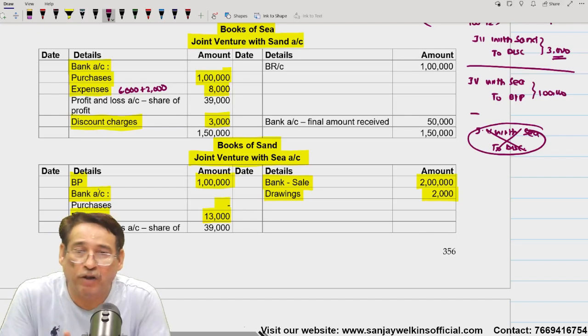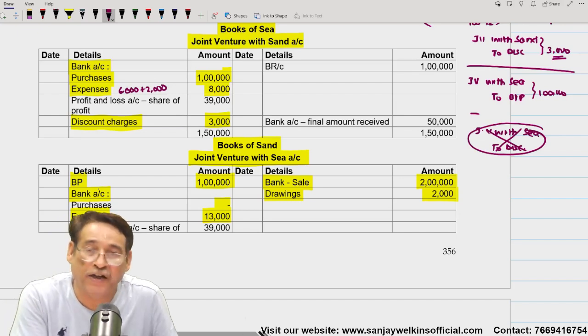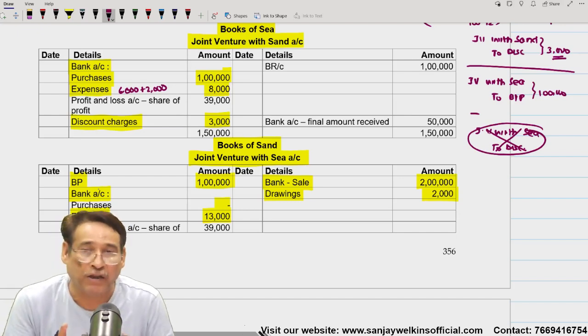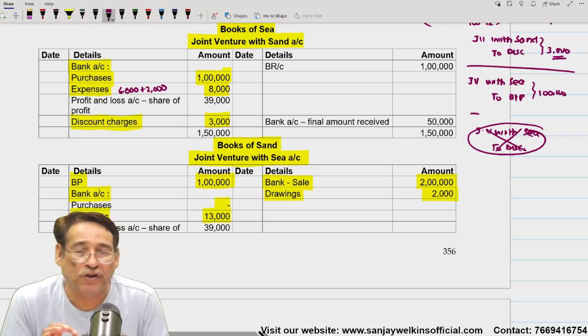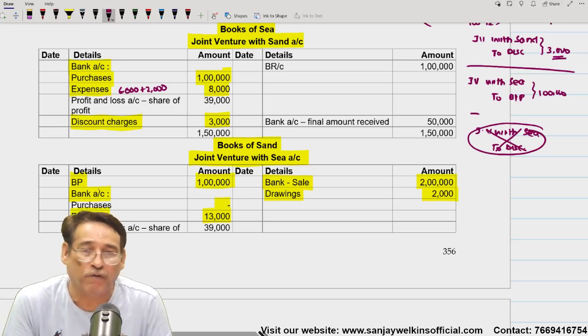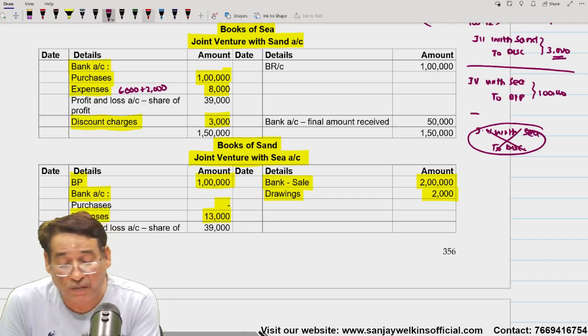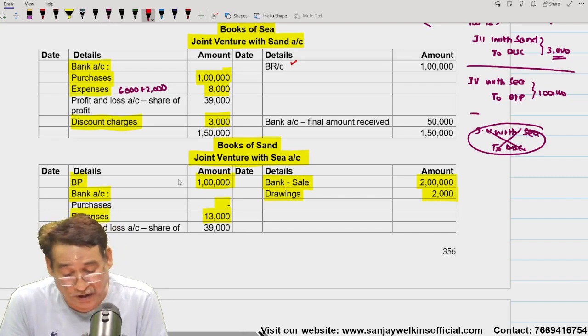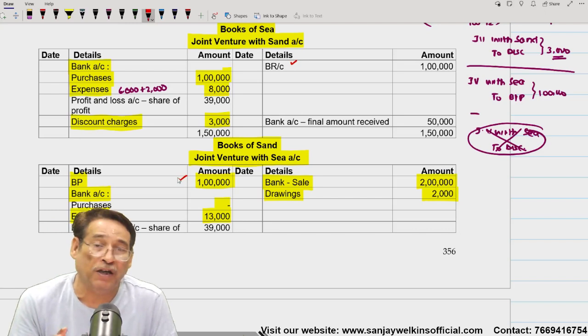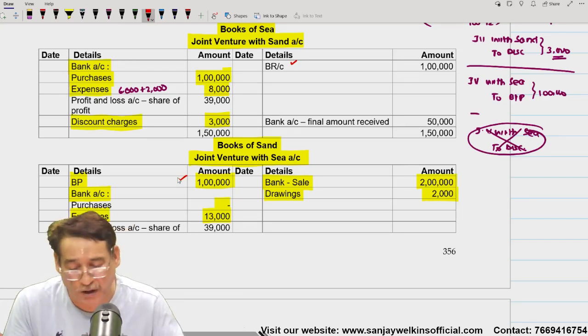Debit side items will be put towards the debit side, credit side items towards the credit side. But any such transaction which is appearing in both sets of books will not appear in the memorandum joint venture. For example, in this case, bills receivable which is appearing here and bills payable which is appearing here are crisscrossing each other. So this transaction will not appear in the memorandum joint venture.